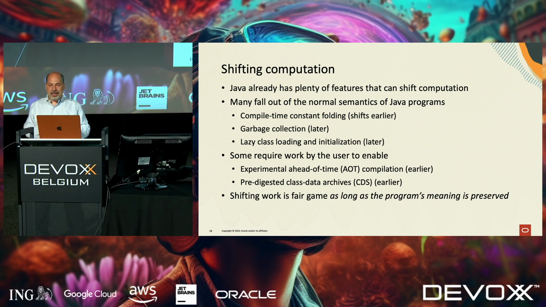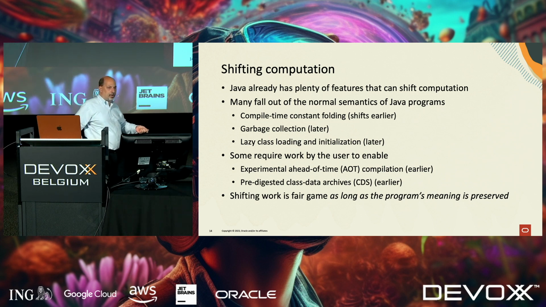So if you have an arithmetic expression, x equals 2 plus 3, well, we could push a 2 and a 3 on the stack at runtime and add them, or we could do the computation at compile time. And the language specification allows us to do either, because it just tells us what answer we're supposed to get.